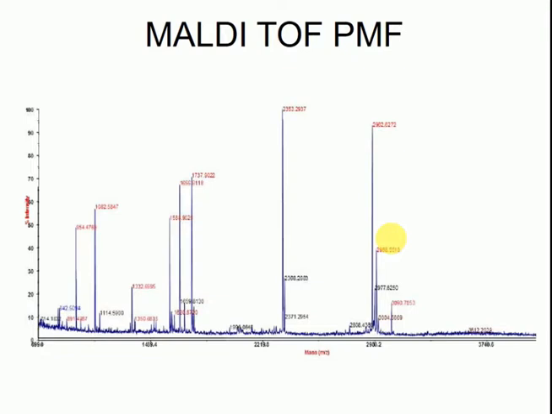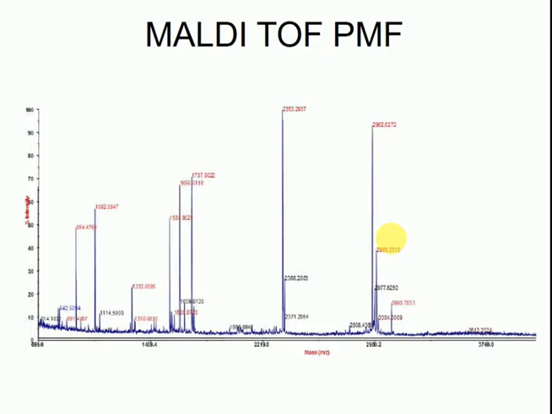So the next stage then is to take these masses and do a database search. Okay, so the database search works by taking the protein database, and since genomes have been sequenced, we've got databases of all the possible proteins that could exist for a particular genome.